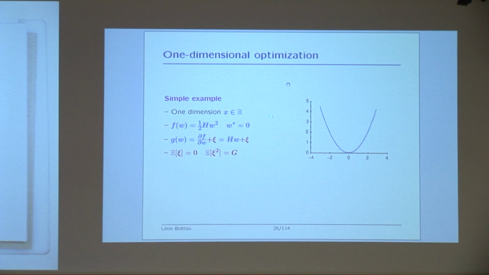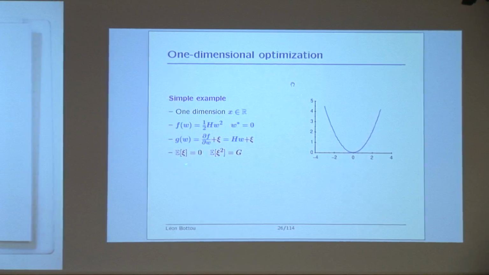So I'm going to start with a simple case. One-dimensional f of w is a parabola of second derivative h. And I'm going to look at gradients that have the form gradient of the parabola, which is hw, plus some noise.